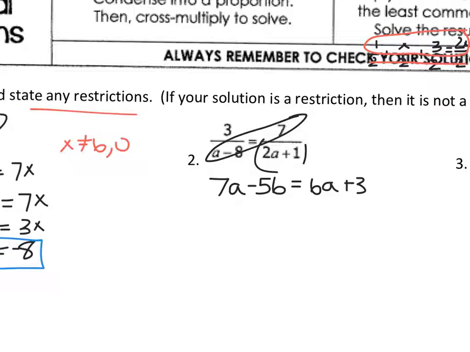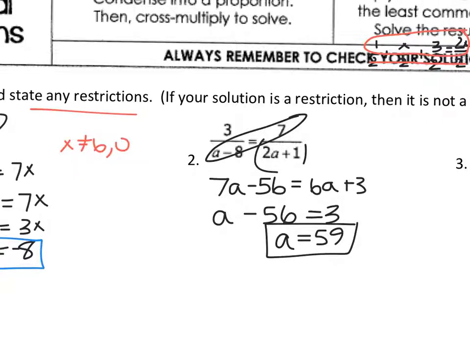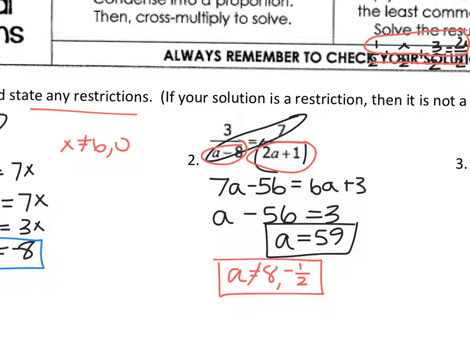I'm going to get my a's together, so I'm going to subtract 6a from both sides, so I'm going to have a minus 56 equals 3, and then adding 56 will be 59. So I'm going to look at my restrictions. I can't have a be equal to 8 or negative 1/2. And since 59 is not one of those restrictions, that's going to be my answer.